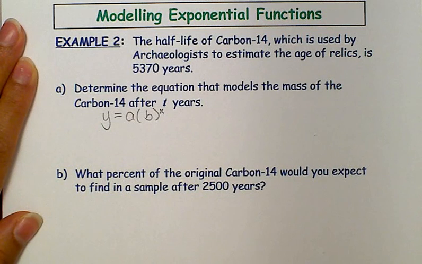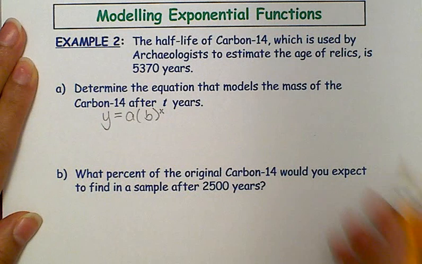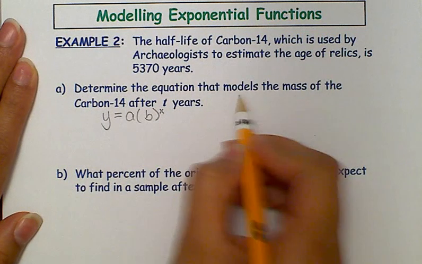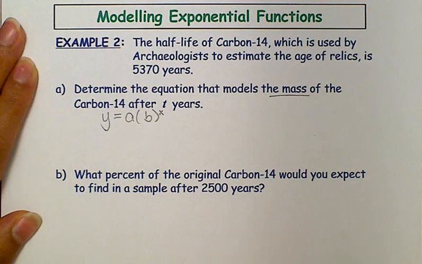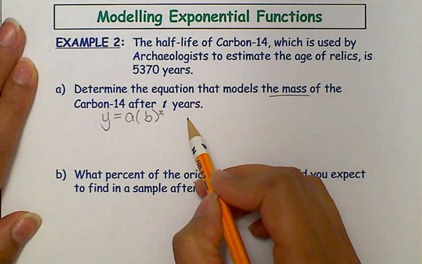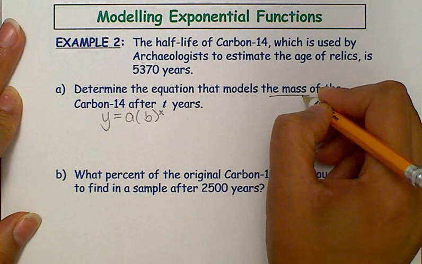The independent variable is t in years, but the dependent variable is the mass of carbon-14. The mass depends on how much time has passed in years. So I'm going to represent the mass with the letter m.